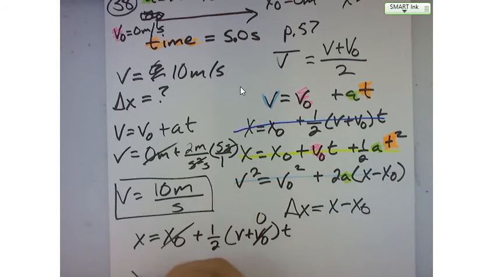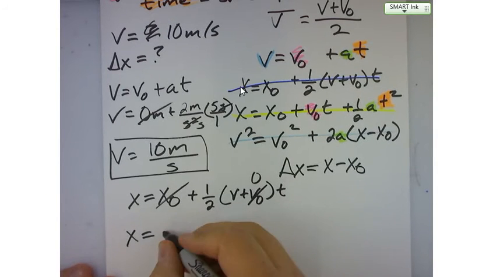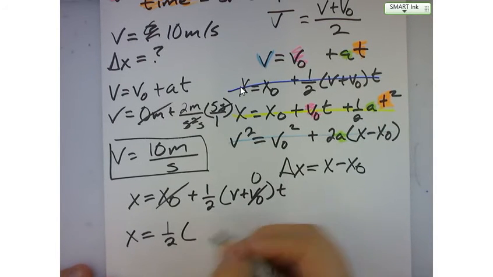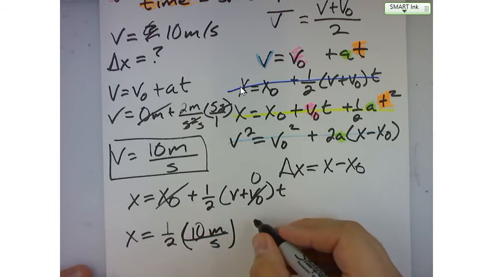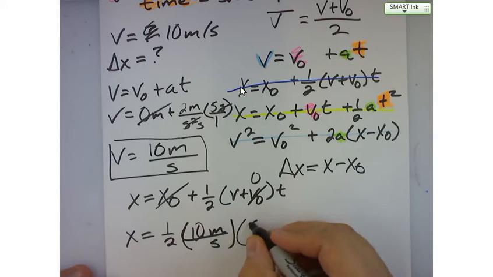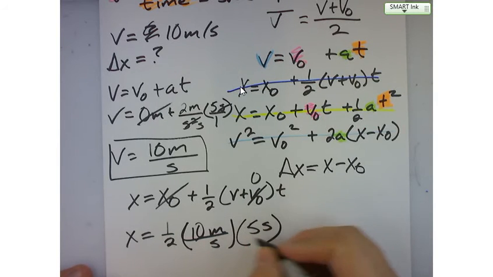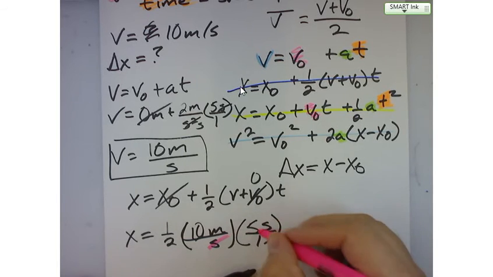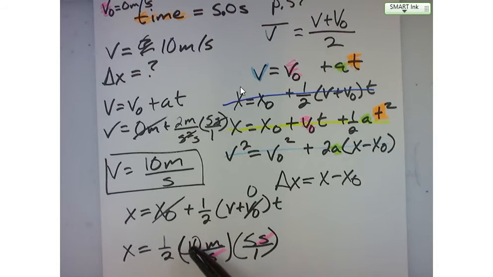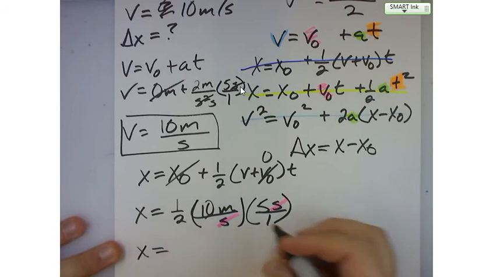So I'm stuck with x is equal to 1/2 times 10 meters per second, times the time, which is 5 seconds. Okay, and notice that the seconds cancel out, and that's 1/2 of everything. So I have 1/2 of 10, which is 5, times 5. So it looks like it would be 25 meters, yeah?